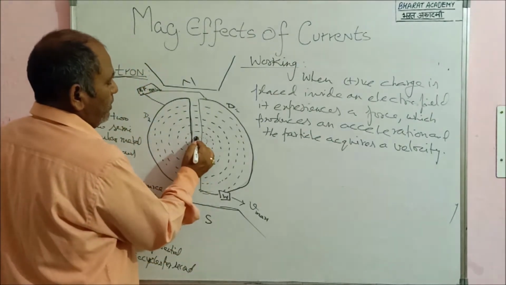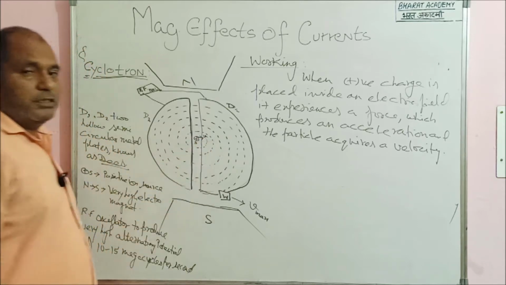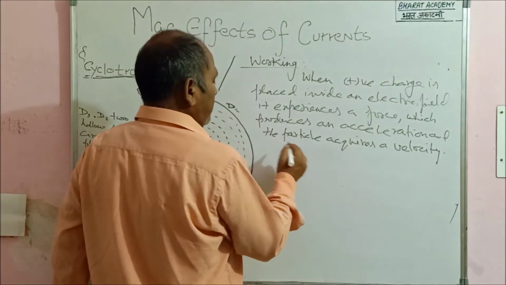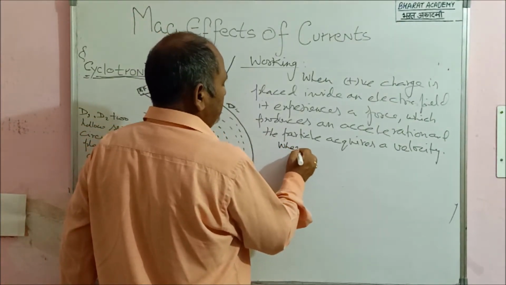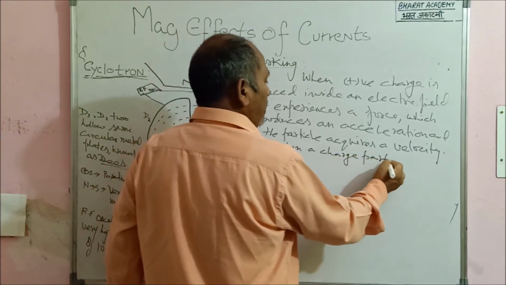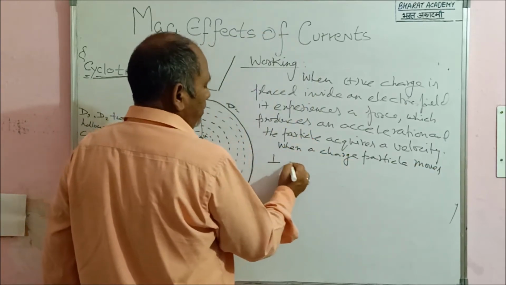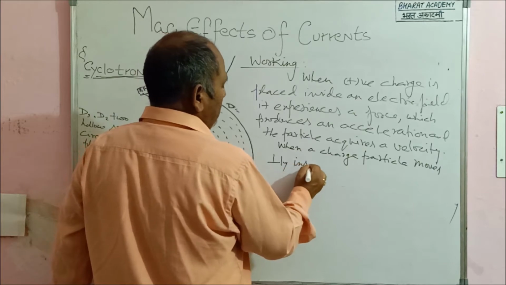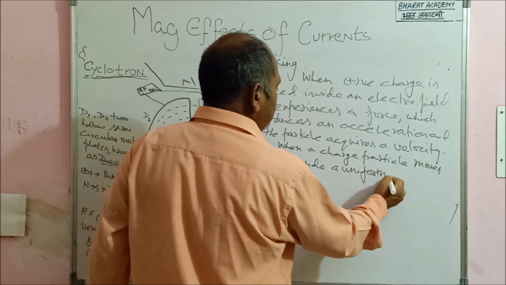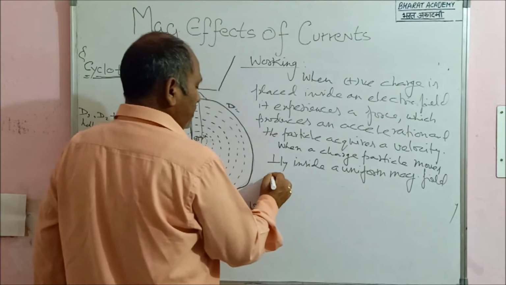Once the charged particle acquires a velocity like this, which I am representing here, which is perpendicular to the applied magnetic field, the magnetic force comes into play. When a charged particle moves perpendicularly inside a uniform magnetic field, what happens?